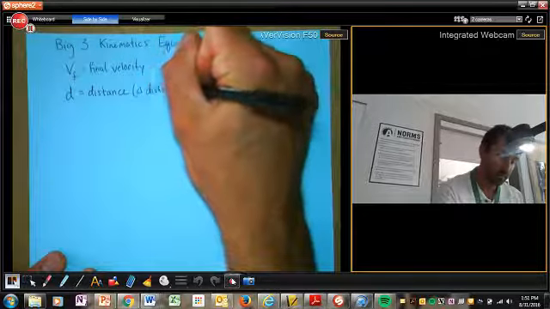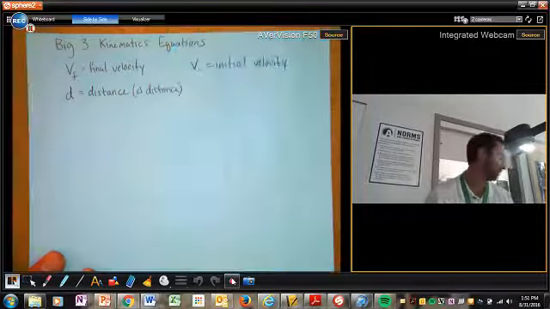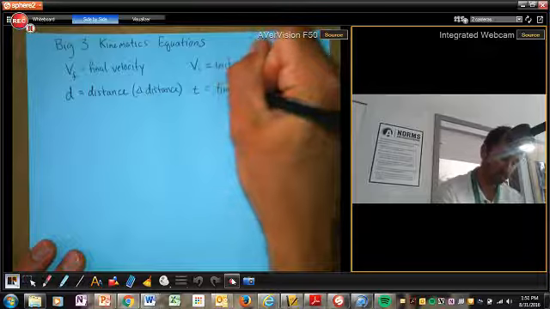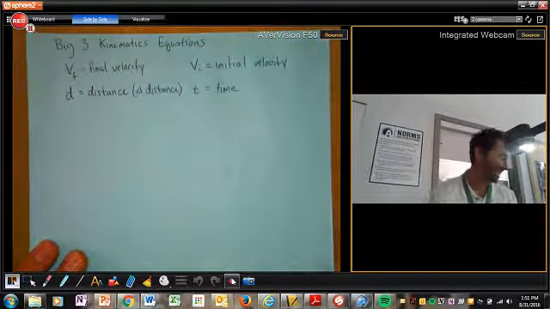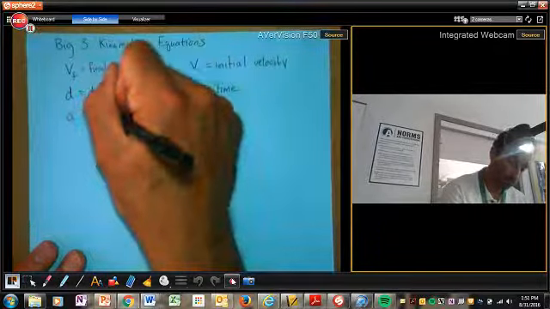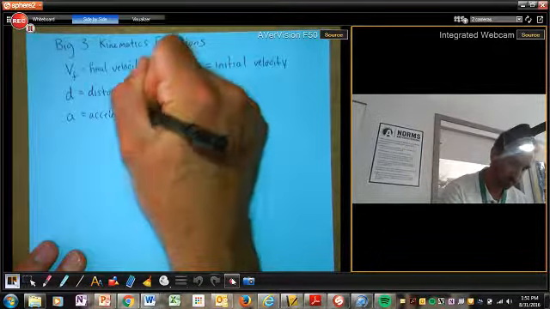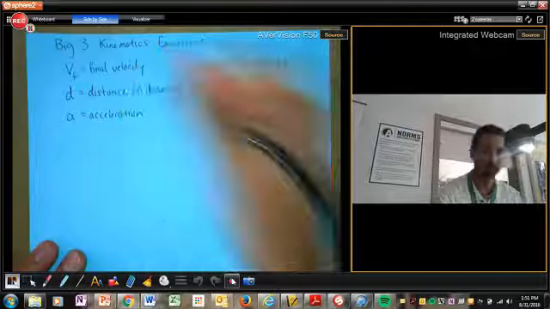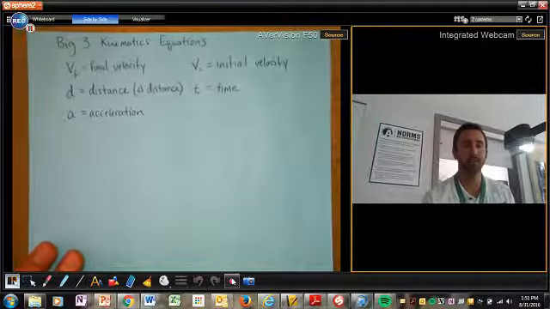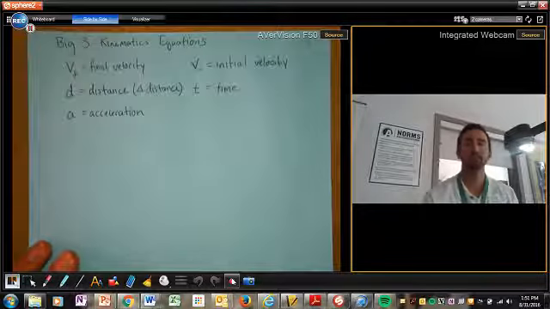We'll have a t, which is equal to time. And lastly, we have to have an a in there because we're talking about acceleration. So those are going to be our variables.